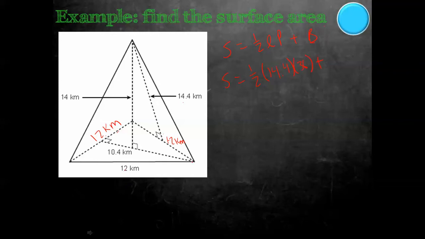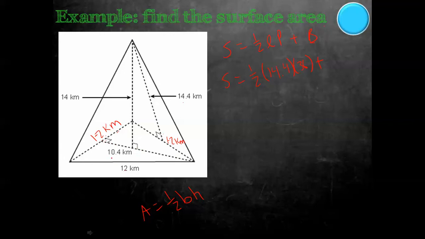Okay, now to find the area of the base, all right, it's a triangle, okay? Now, it's not a right triangle, okay? So we can't take 12 times 12, because remember the area of a triangle is 1/2 base times height, okay? And the height of a triangle has to be perpendicular, okay, from the vertex to the base.